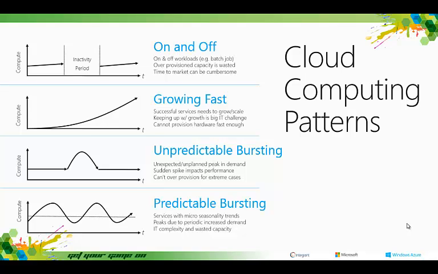The idea is that with cloud computing, we're able to more dynamically scale our resources up and down because we're not having to go out and provision actual physical hardware, or even virtual machines, in our own data centers.